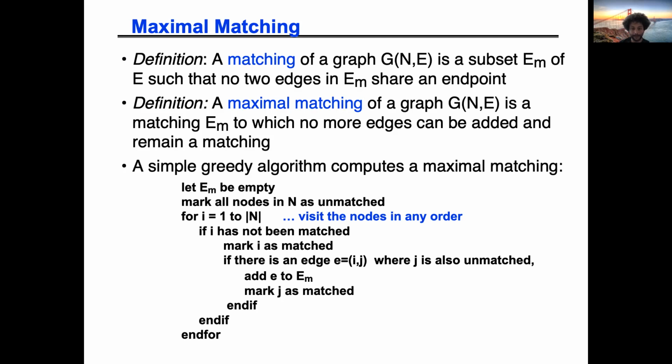It doesn't mean it's the maximum among all possible matchings in a graph. It only means that you cannot improve it without deleting previously considered edges. And for that, simplicity comes with really fast algorithms. A simple greedy algorithm will compute a good maximal matching.